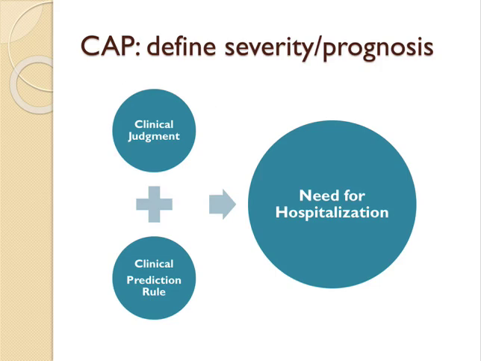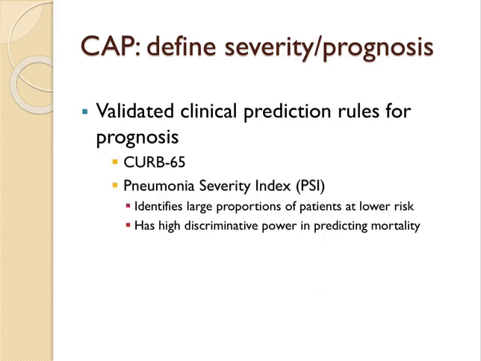Once you've made a diagnosis of community-acquired pneumonia, the next question comes up: whether this patient can be treated in the outpatient setting, or whether this patient needs to be admitted. The guidelines do recommend using validated clinical prediction rules along with your clinical judgment. I think most of us are familiar with these validated clinical prediction rules that have been around for a while.